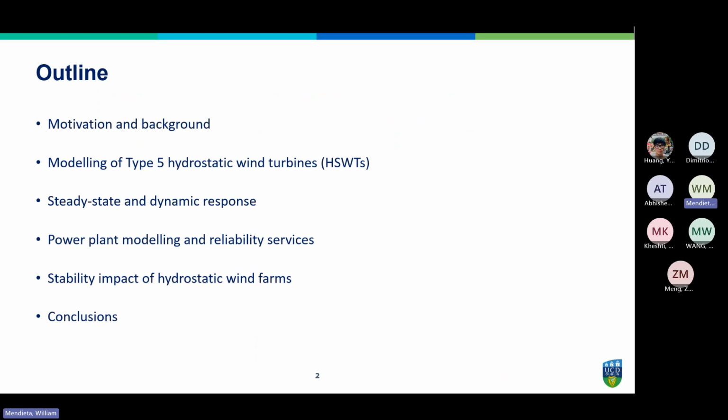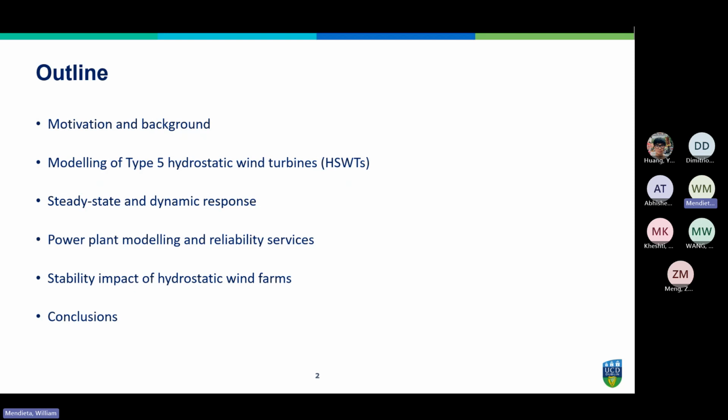This is the outline of my presentation, which is divided into 5 sections. First, I will introduce the motivation for this research, and I will provide some background information on the main characteristics of hydrostatic wind turbines. After this, I will discuss the model and the associated control system for a single hydrostatic wind turbine.